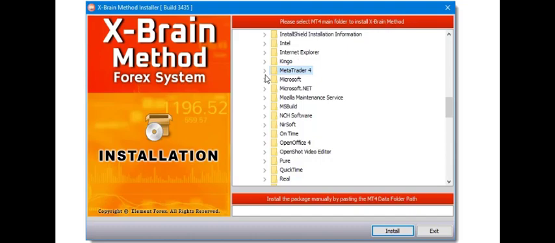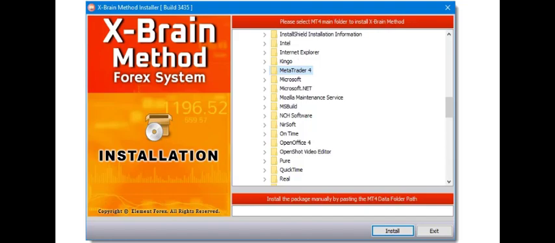This is the picture straight off their website, and they have MetaTrader 4 as the installation file. I actually have folders for 3 or 4 different platforms from 3 or 4 different brokers. So just pick the one that you want to use and then click install. It will automatically be put in for you. And all you have to do is drag and drop a template onto a working chart and you're in business.